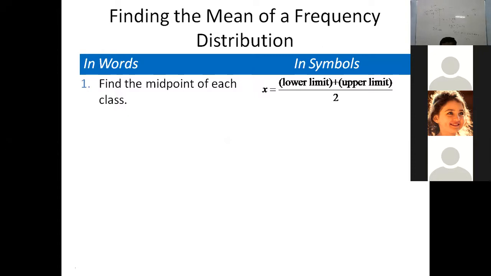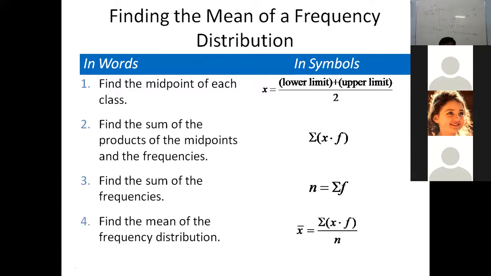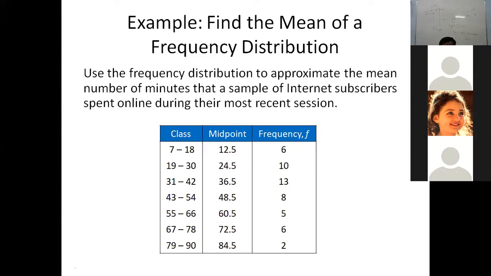Then find the sum of the products of the midpoints and the frequencies. Then you have the total frequency, then you divide by the total number, the simple steps, right? Let's take an example how to find out the values for this.